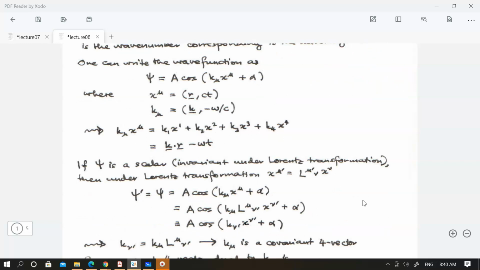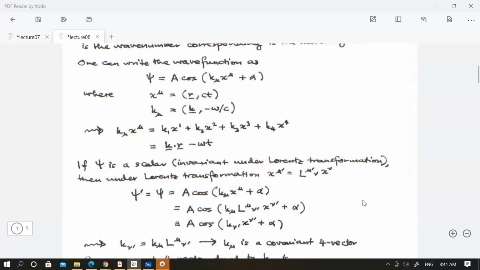So with that, you are able to describe how waves are written in a relativistic sense. The one that's important is the argument instead of the form of the function itself.